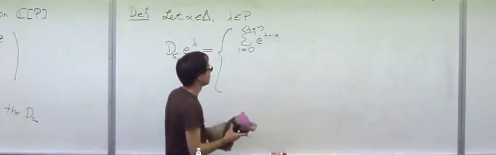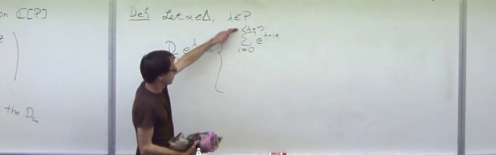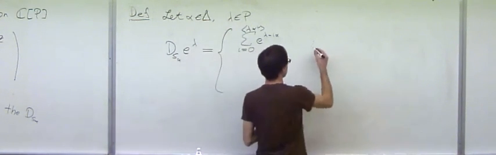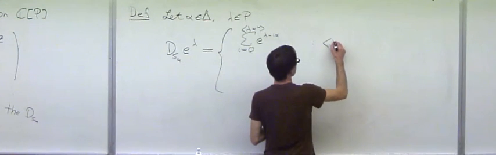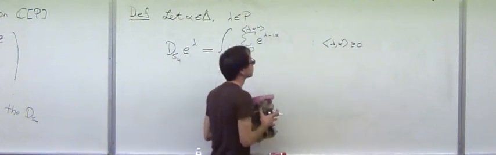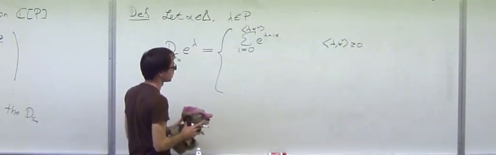So this only makes sense if ⟨λ, α^∨⟩ is larger or equal than 0, otherwise there are no summands here in the sum.